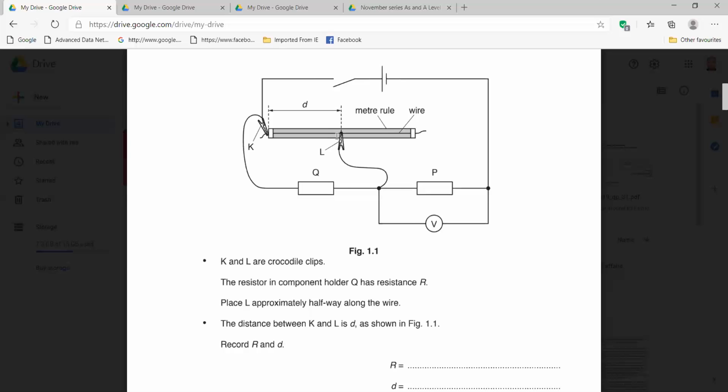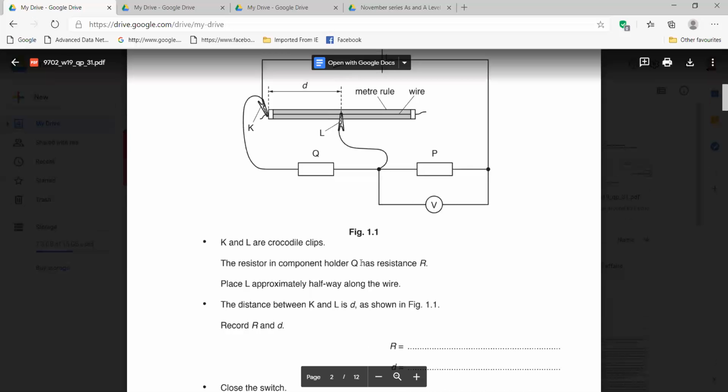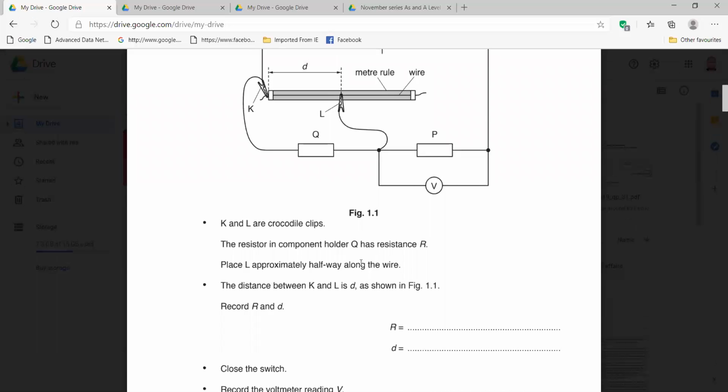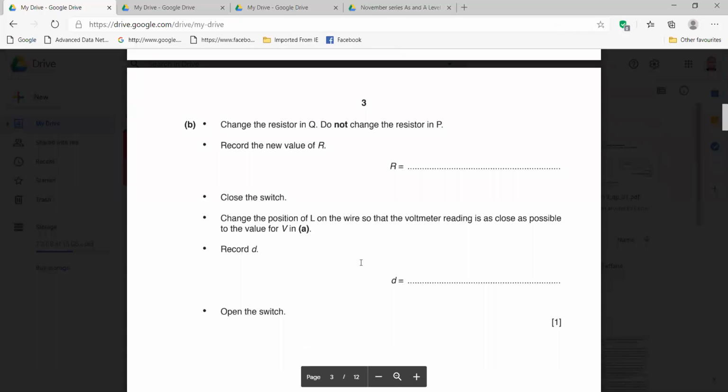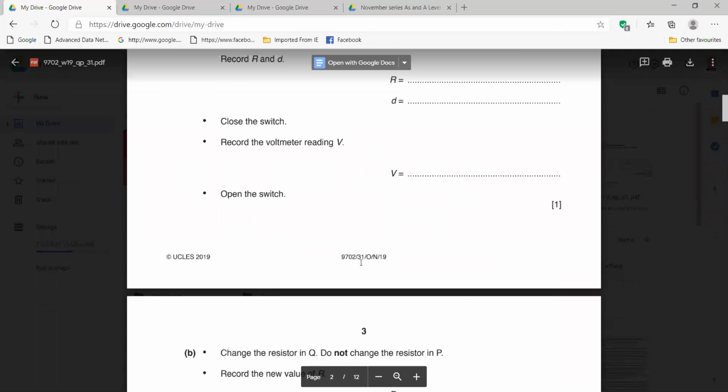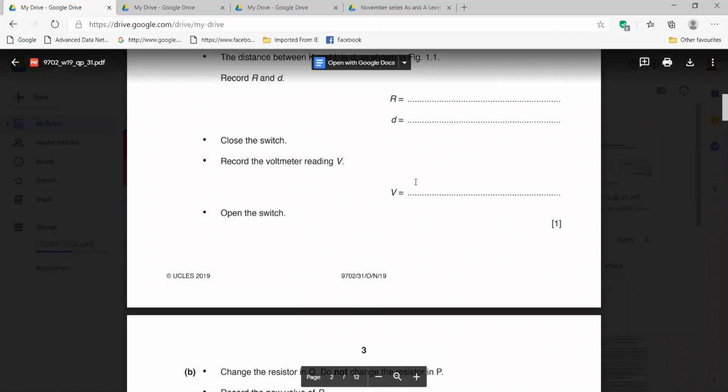If you displace the crocodile clip, you cannot remove this crocodile clip, just the L one. You have to move right or left and check in which place it gives you the same voltage reading as before. You got one voltage here, right?